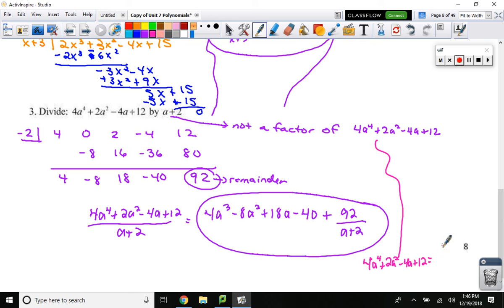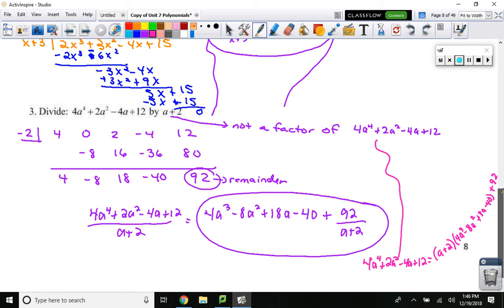I'll get the same answer if I multiply a plus 2 times 4a to the 3rd minus 8a squared plus 18a minus 40, and then if I add on 92. If I double distribute here, and combine all my like terms and add on 92, I will get this as an answer. So this is equivalent to that original.